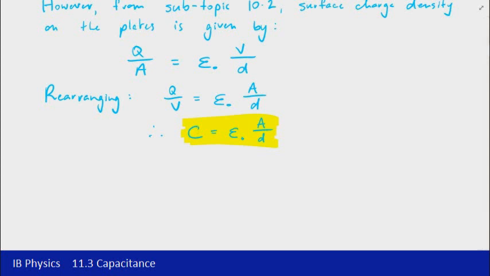Now, to take this a step further, keep in mind that epsilon naught relates to free space, so it's the permittivity of free space. In other words, if you had just air between the two plates.